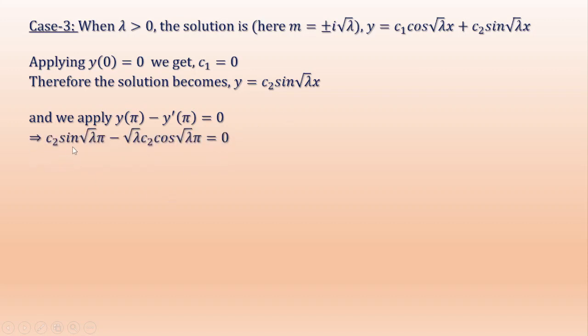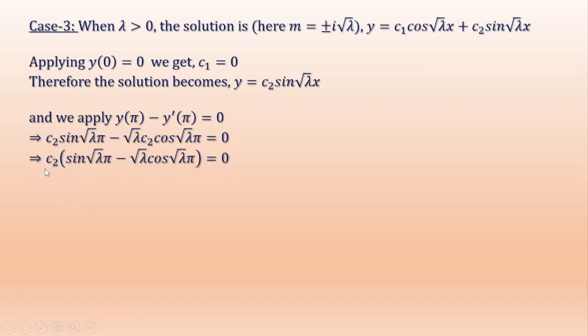We get c2 sin root over lambda pi minus, we will differentiate this and we get y dash, that is root over lambda c2 cos root over lambda x. And here in the place of x we put pi. So what we get? We get minus root over lambda c2 cos root over lambda pi is equals to 0. And this will be true if c2 is equals to 0.